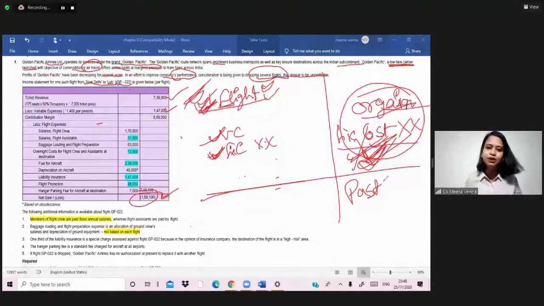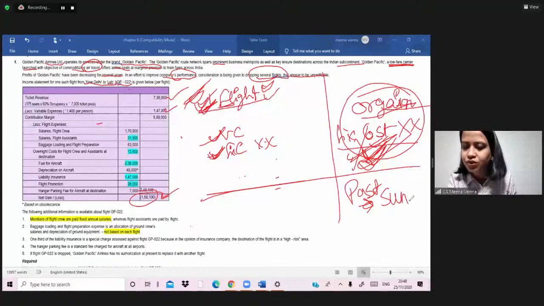Now we can't help it. It's of no use to consider such past cost which you have already incurred, which is nothing but sunk cost. You don't need to consider sunk cost.